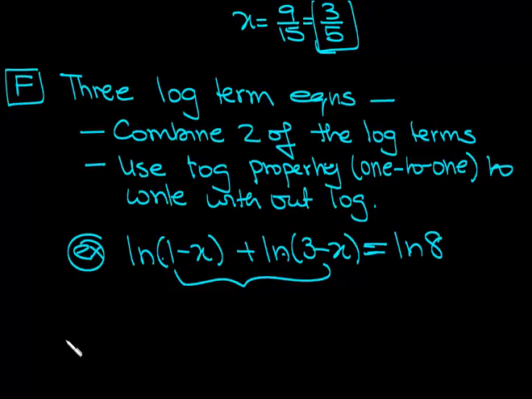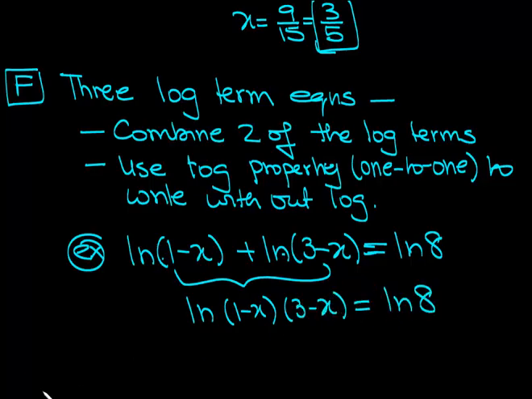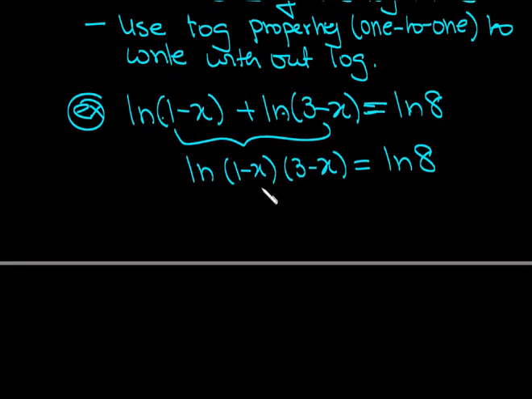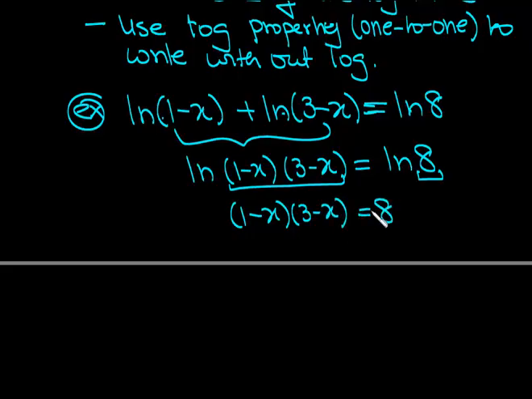We're going to use the product property. So I get ln of 1 minus x times 3 minus x is equal to ln of 8. Now I have two log terms equal. Anytime you have two log terms equal, that tells you that these values also have to be the same. So that tells me that 1 minus x times 3 minus x must equal 8.